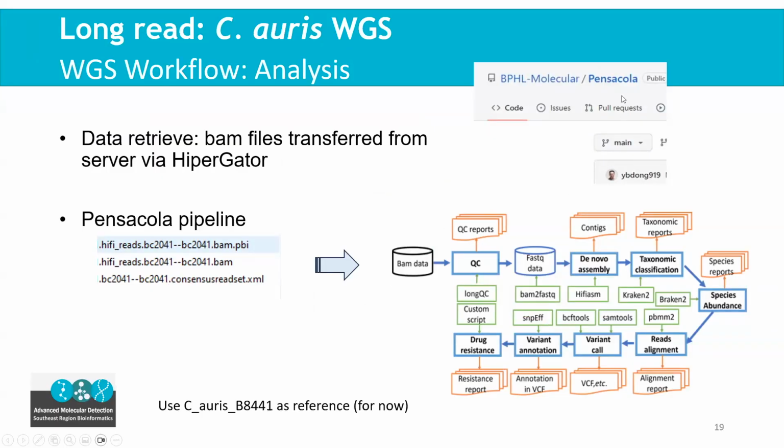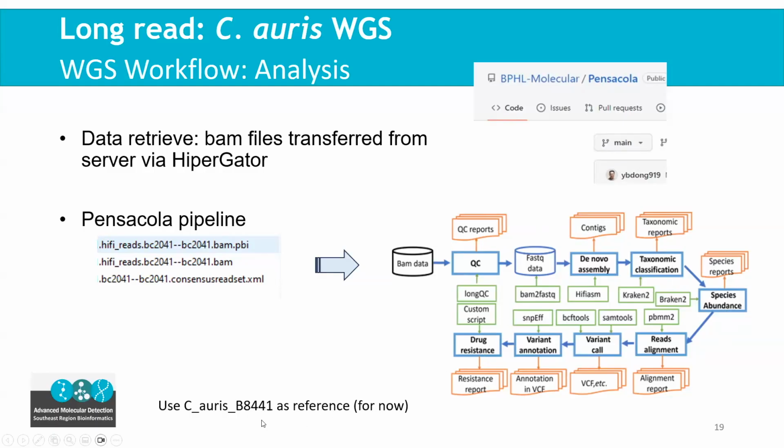The pipeline Pensacola, which was developed by Ibo from our team using Nextflow, is used to process the data analysis. So this pipeline includes QC, de novo assembly, reference assembly, identification and species abundance detection for contamination screening, and variant calling for drug resistance detection.